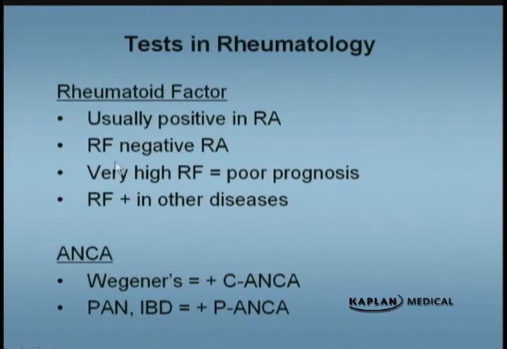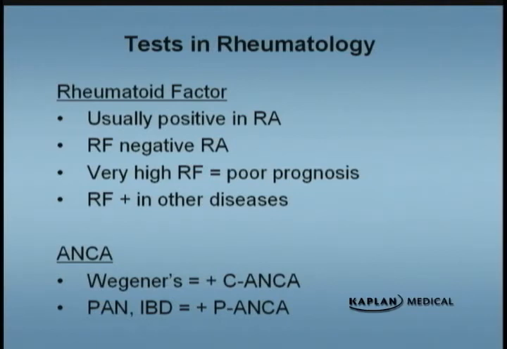So patients can have rheumatoid arthritis with a negative rheumatoid factor, but it's usually positive, 2/3, 80% of the cases. So we could still make the diagnosis of rheumatoid arthritis without the rheumatoid factor. That's what I'm really trying to tell you, as long as they have all the other stuff.